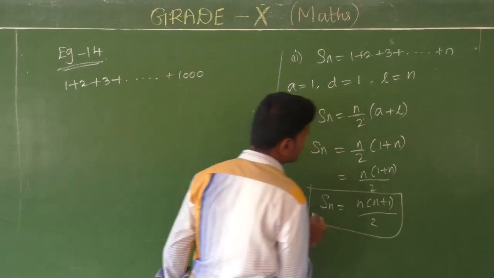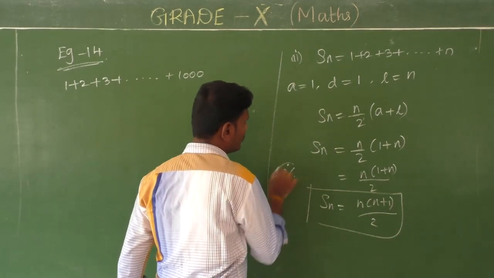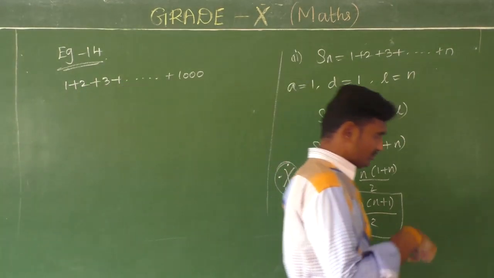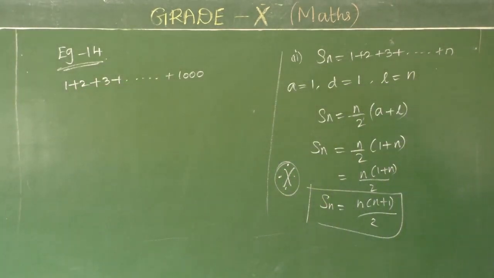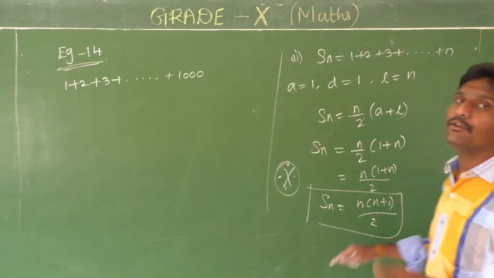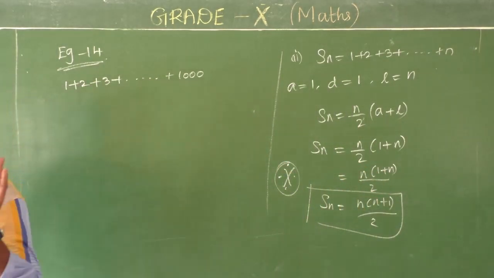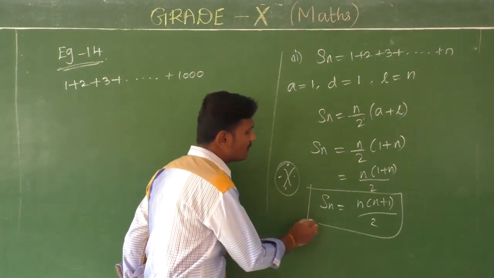See students, this is a very important formula for you. If you study 11th standard and 12th standard, it is a very rigorous topic. So this formula you are going to study. In 11th also, it is a basic formula: sum of the series like that. So students listen carefully. What is the name of the formula?